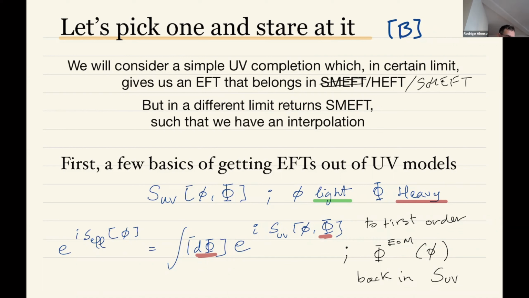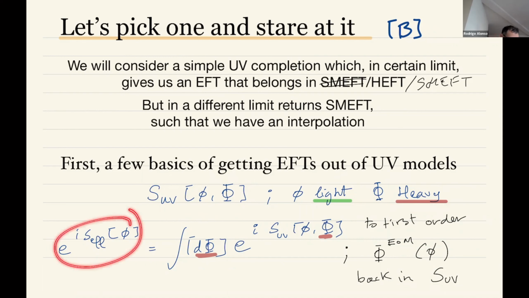So as for the basics for obtaining EFT from UV complete models, we can assume we know the ultraviolet complete theory, and in particular the action for that ultraviolet complete theory, that we separate into light fields, phi, and heavy fields, capital Phi.